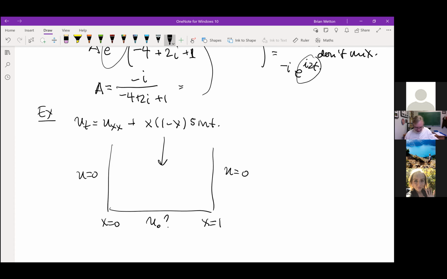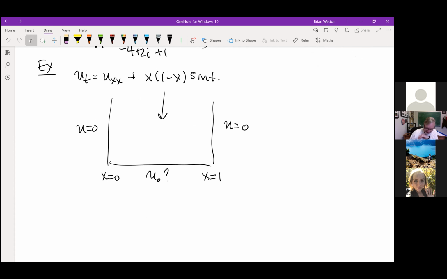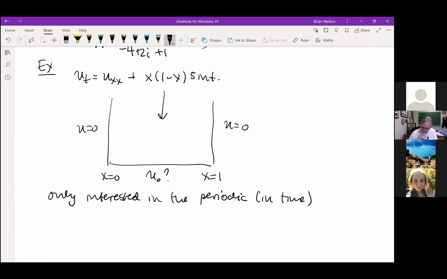before we get to the nitty gritty, right? But let's say we were only interested in the periodic in time behavior after the transient from U0, right?